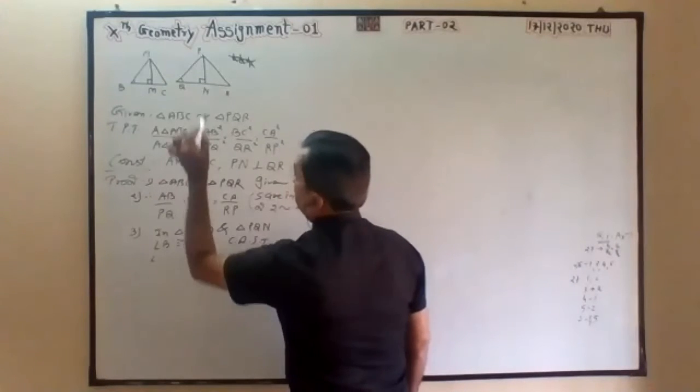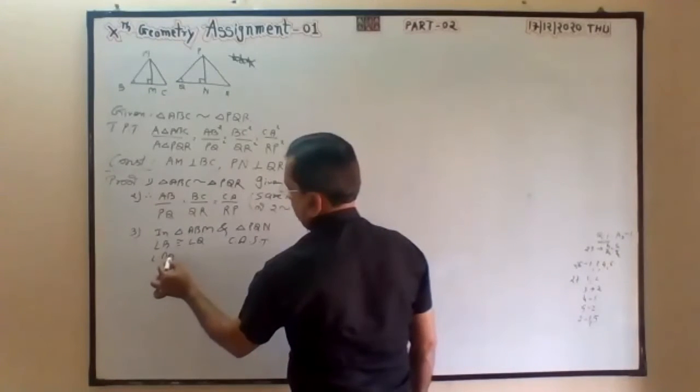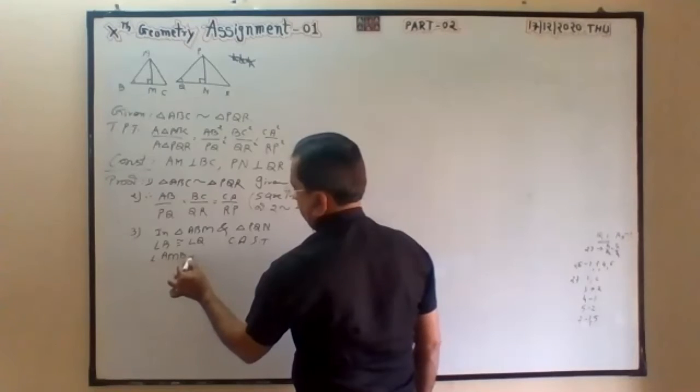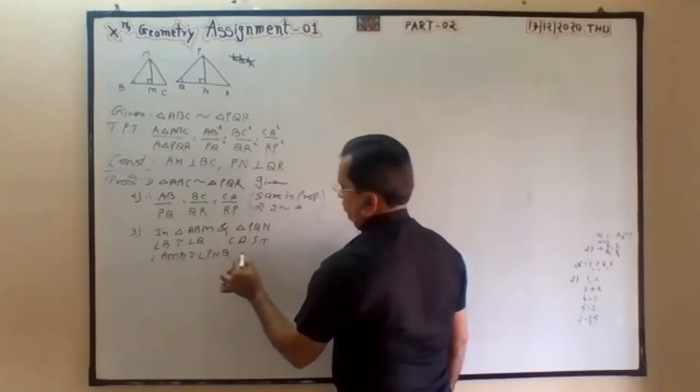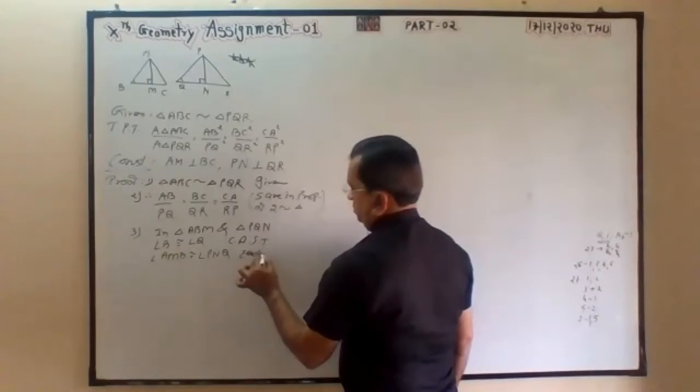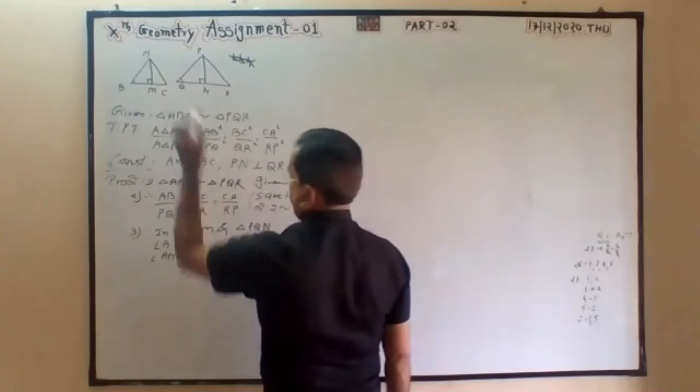Then angle AMB and angle PNQ are each 90 degrees.